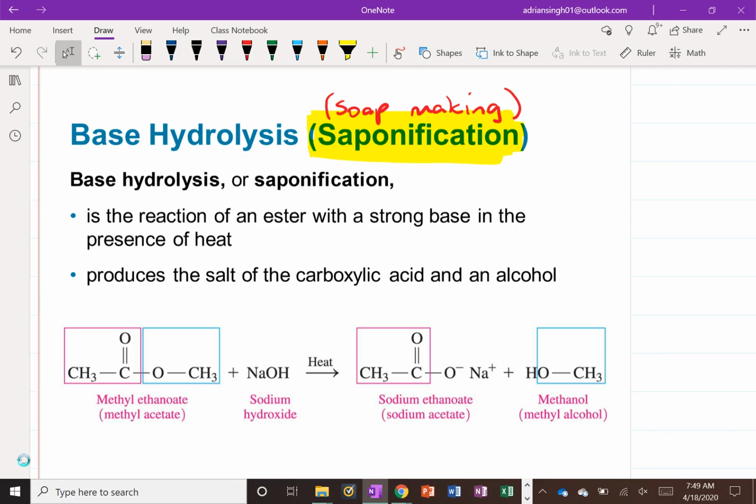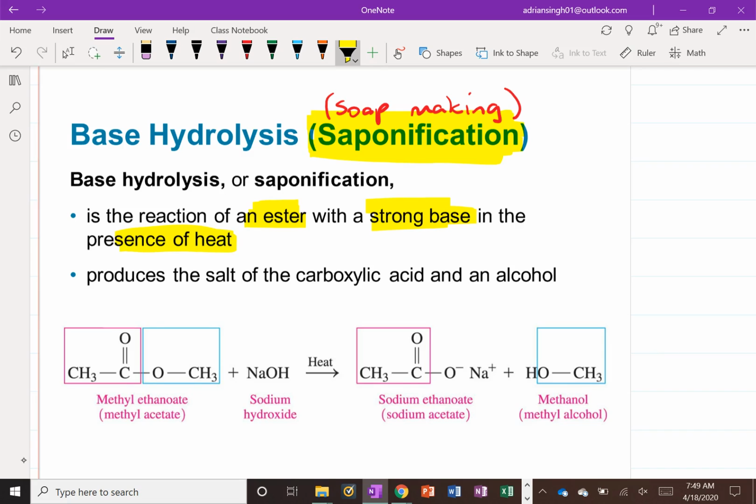So basic hydrolysis, or saponification, involves the reaction of the ester with a strong base in the presence of heat.